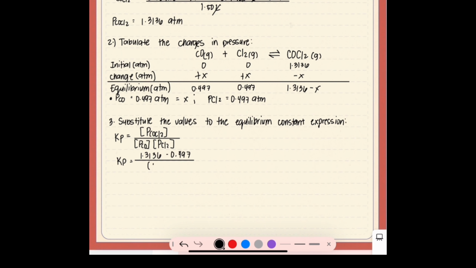Input the values, 1.3136 minus 0.497 over 0.497 squared because they both have the same value. Solving for the equation results in 3.30595241. Therefore, the final answer would be 3.31, minding the significant figures.